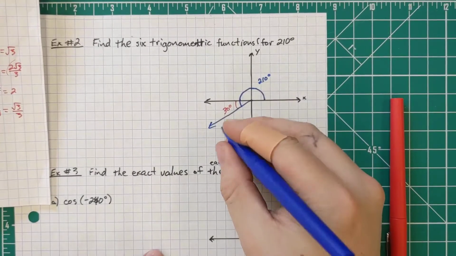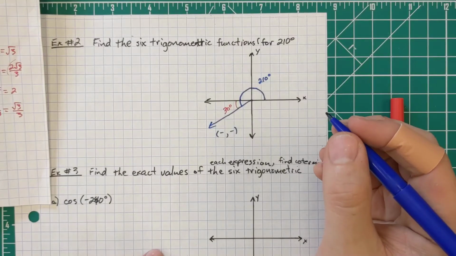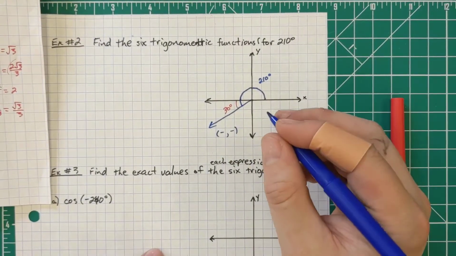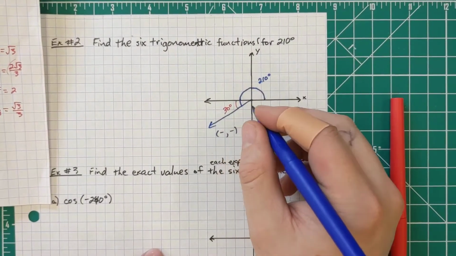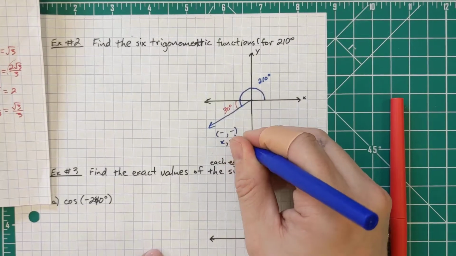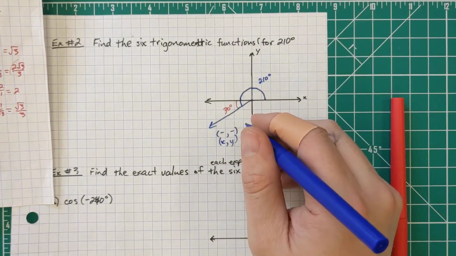So remember, my x value is negative, my y value is negative, but my r is positive. So if I think about x, y, negative and negative, which ones are going to be negative, which are going to be positive?